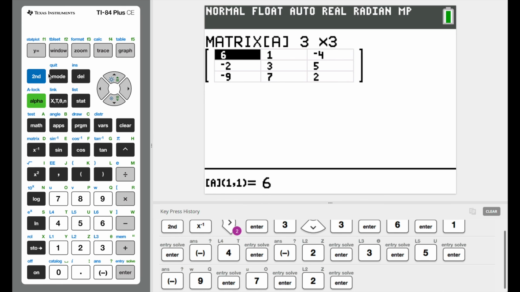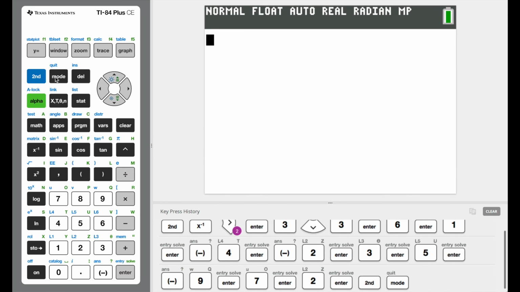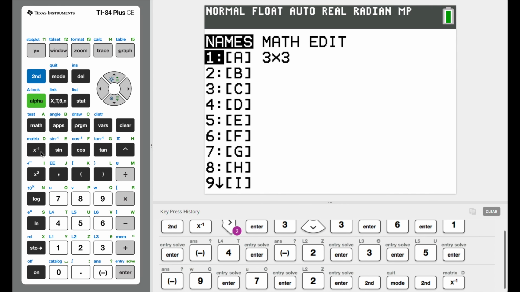Now you want to quit to the home screen, so press second mode to quit and go back to the home screen. Now we're going to go back into our matrix list by clicking on second, x to the negative 1. We are back here.